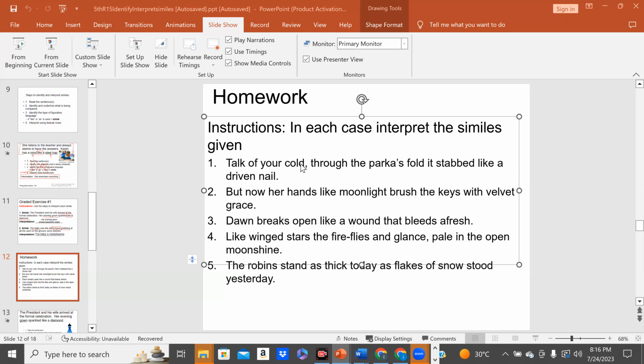Anyone else have an interpretation of it? It says, talk of your cold, right? Through the pocket hole, it stabbed like a driven nail. What do you think that is? Anyone have an interpretation of that? It's super, super cold. All right. That's what someone said. Anyone else?